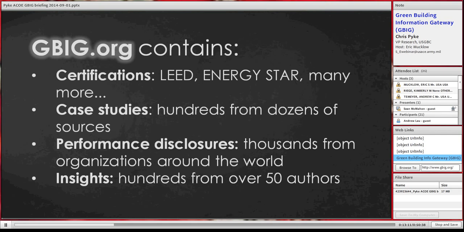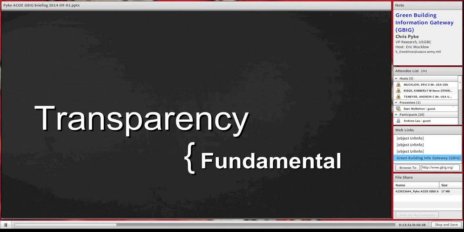It includes thousands of buildings that have revealed their energy, water, and other dimensions of performance through municipal benchmarking and other sources. And it includes hundreds of insights from over 50 authors and growing. So when you go to gbig.org, you're certainly finding a place to learn more about LEED projects, but it's a lot more than that. We'll come back to that.